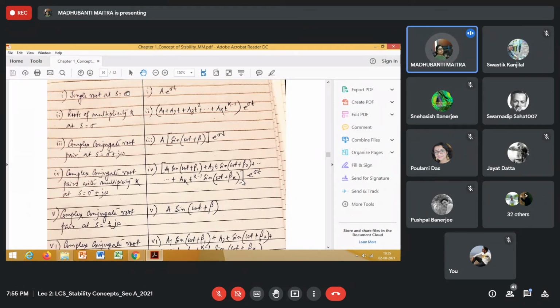The first component of the response will be because of this root, let's call it C1(t), and the second component will be because of this complex conjugate root pair, let's call it C2(t). So the actual response of the system, C(t), will be equal to C1(t) plus C2(t). Do you agree?